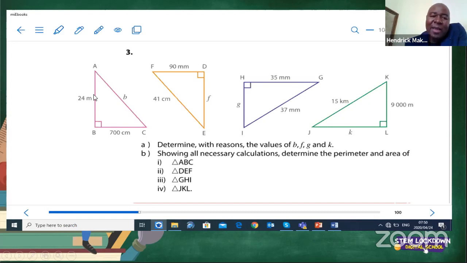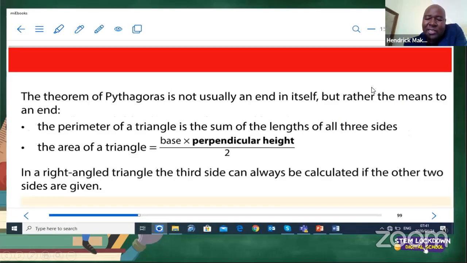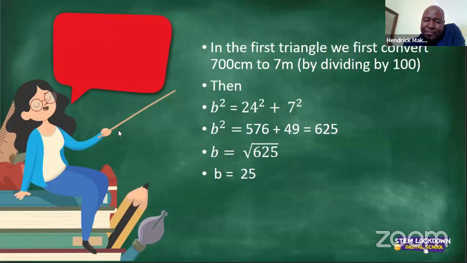Now, using the same Pythagoras that we spoke about here, c squared, which is the hypotenuse side squared, is equal to a squared plus b squared. 5 squared is equal to 3 squared plus 4 squared. Even in this case, you are going to say b squared is equal to 24 squared plus 7 squared, as we have done in the following. 24 squared is 24 multiplied by 24, and 7 squared is 7 multiplied by 7.